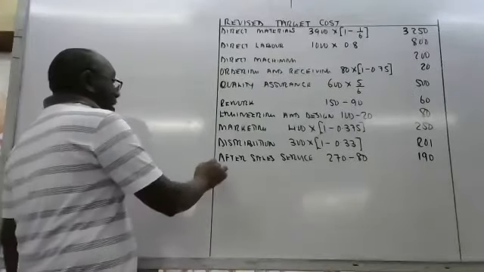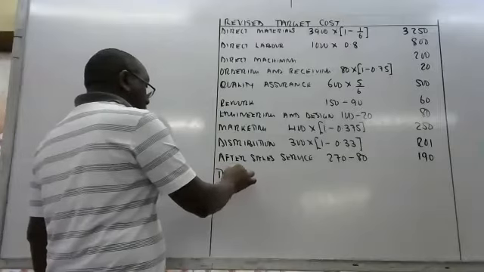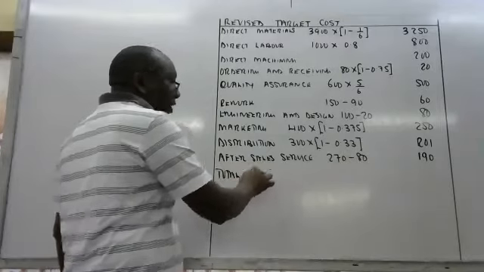So based on that now, I should have the total costs. The total cost now.